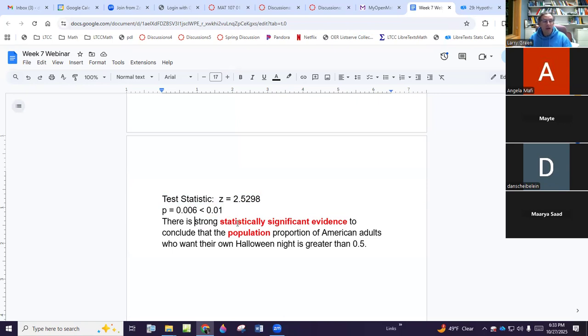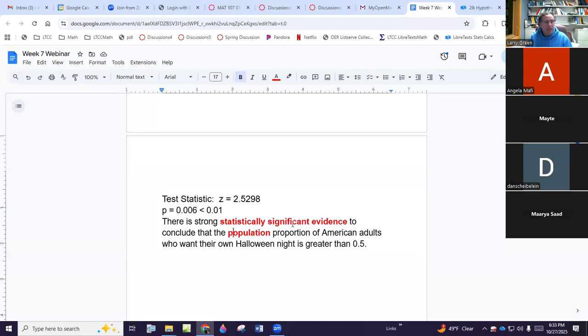So there is strong statistically significant evidence. Let me shout it out loud, because sometimes you don't hear it. There is strong statistically significant evidence. Strong because our p-value is less than 0.01. If the p-value is, say, 0.02, then you don't have strong statistically significant evidence no matter what.